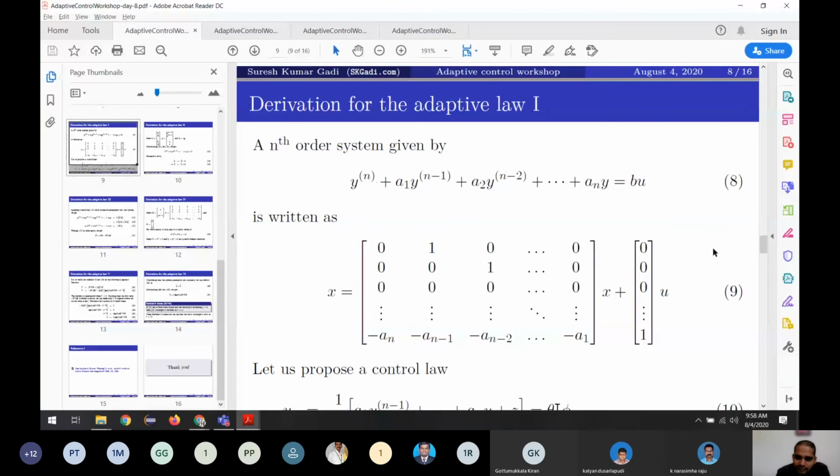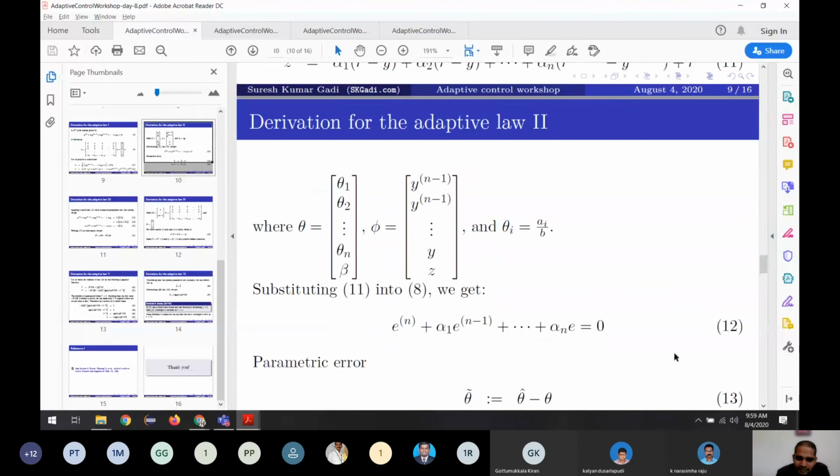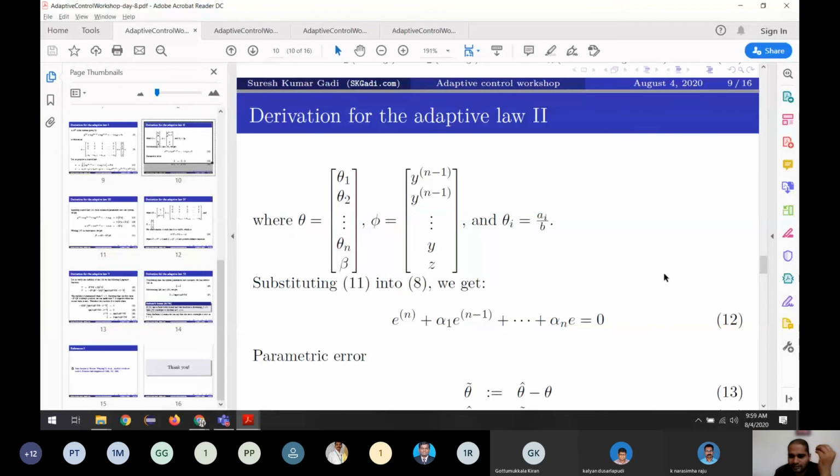So we are subtracting R with n dots. So what we get is E with n dots. So we are getting a differential equation in terms of E which is equal to 0. So we are selecting alpha 1 and alpha 2 in such a way that the system is stable.